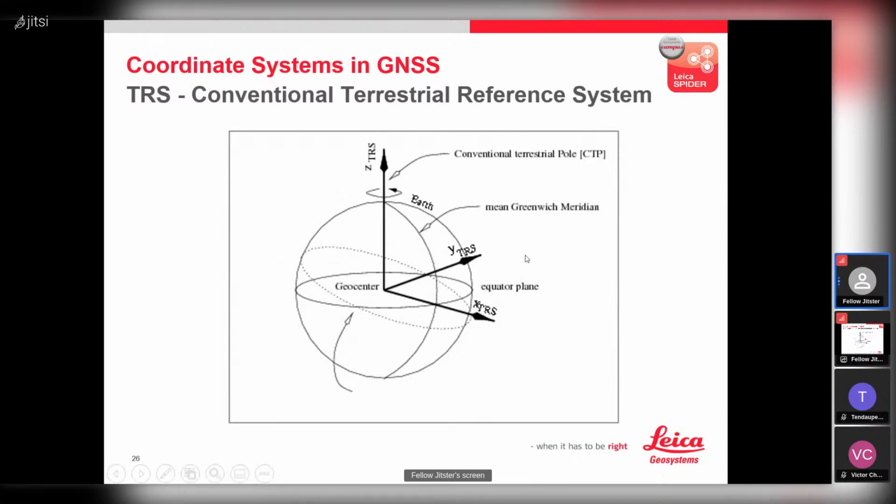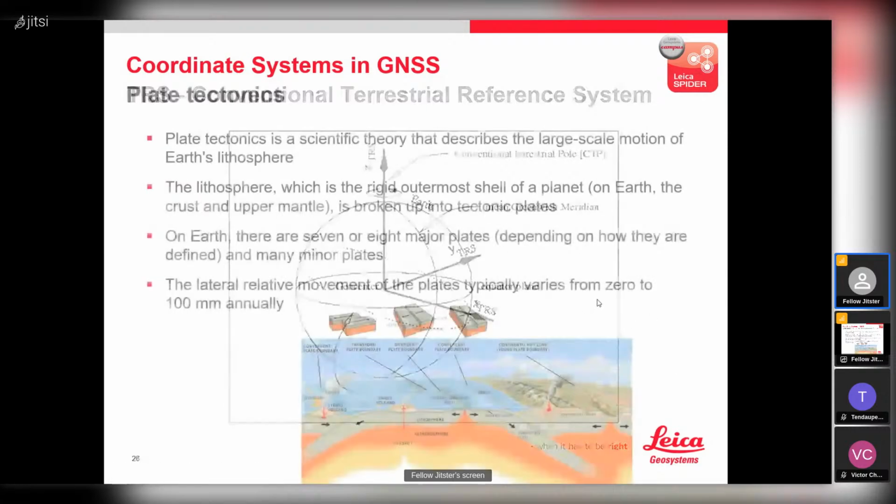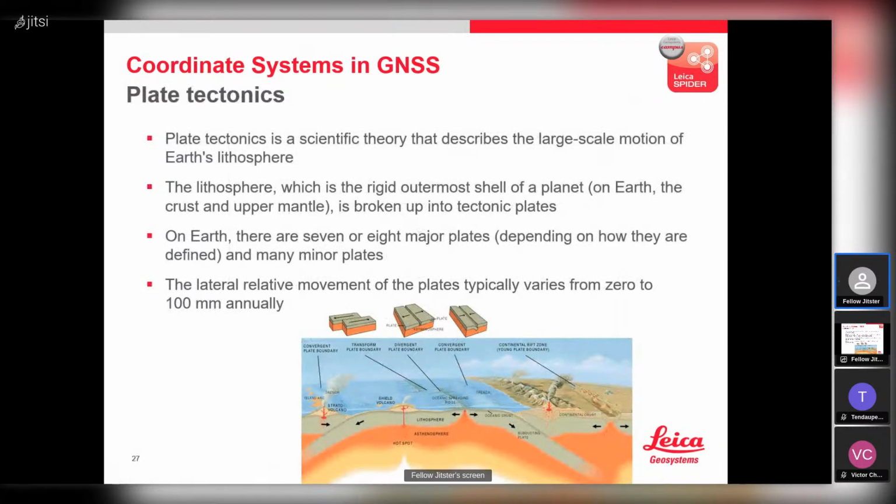And as I said, this system rotates together with the Earth, and is basically used for expressing positions of objects on Earth.